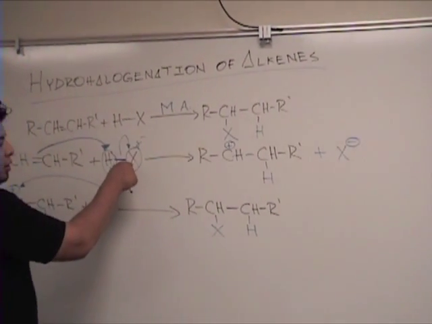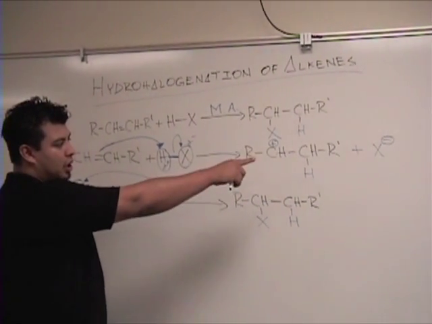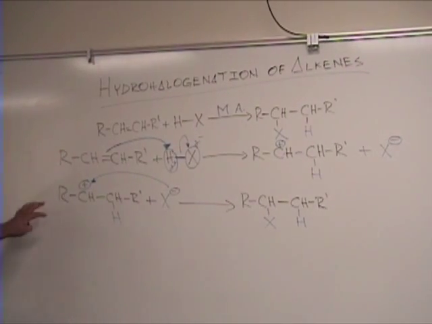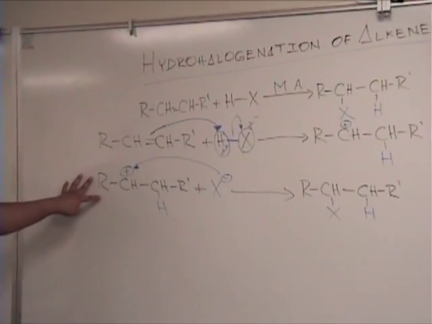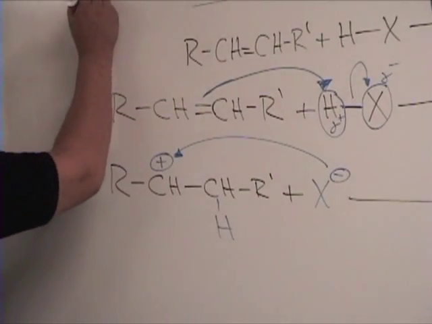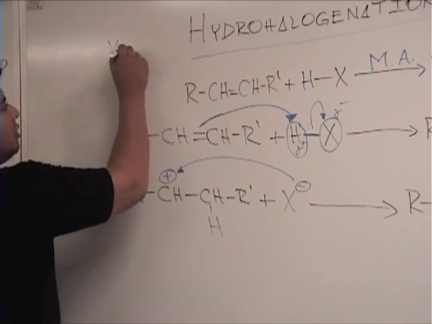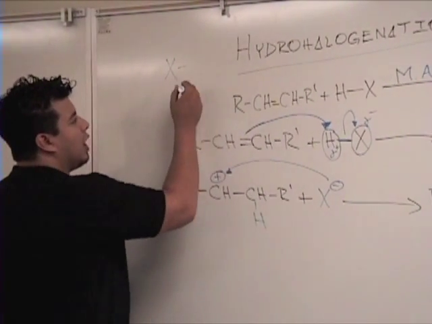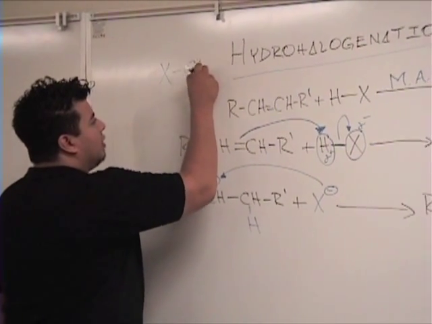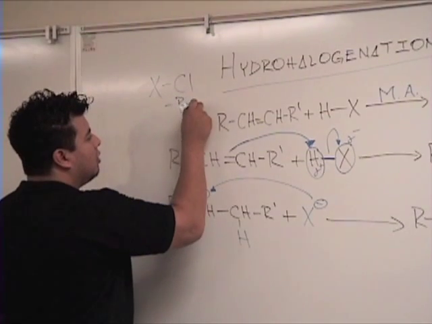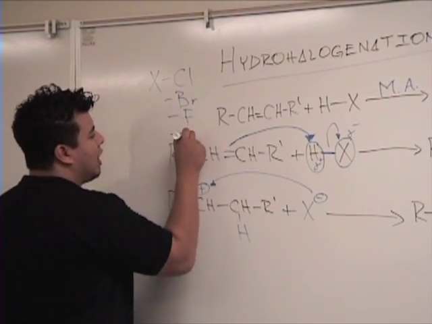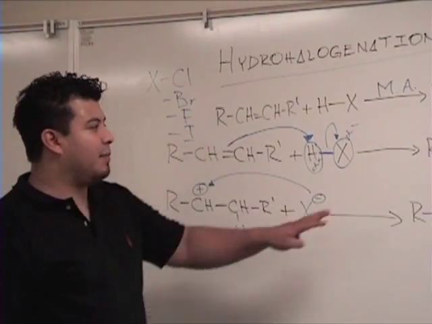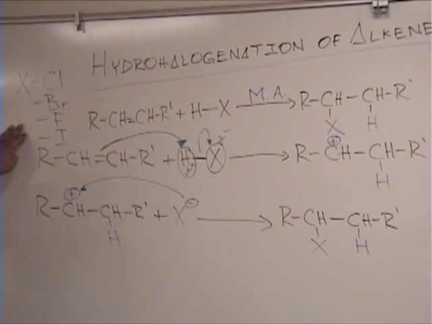The electrons went to the X, and we have X minus right there. Then we got to remember also that X is going to be your atoms from group 7A, the halogens. We have Cl, Br, F, I. This X can be any of these.